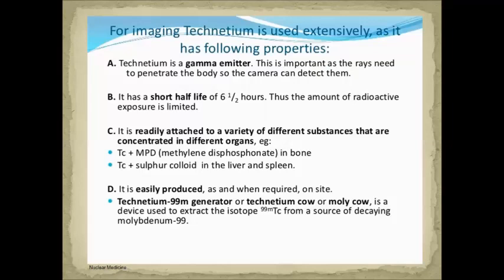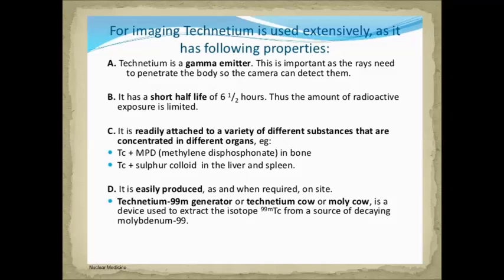For imaging, technetium is used extensively as it has the following properties. First of all, technetium is a gamma emitter. This is very important as the rays need to penetrate through the whole body, so the gamma camera, the detector, can detect them.